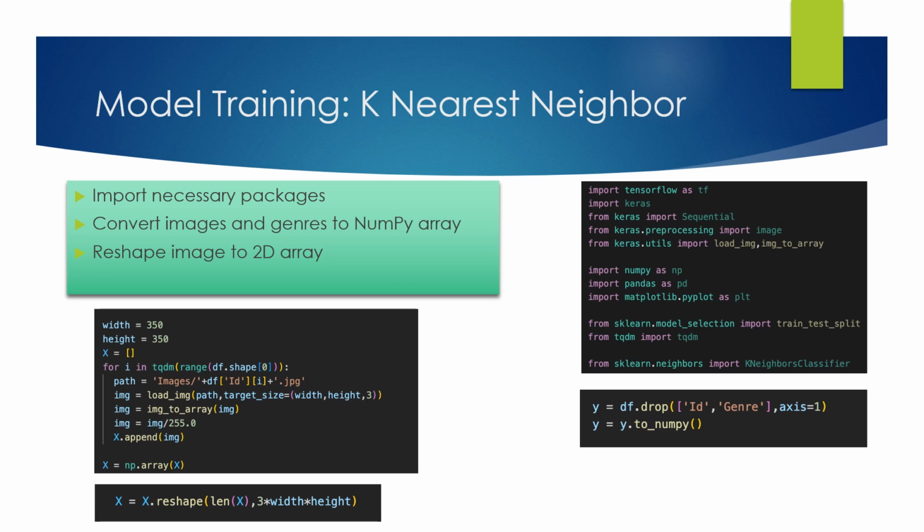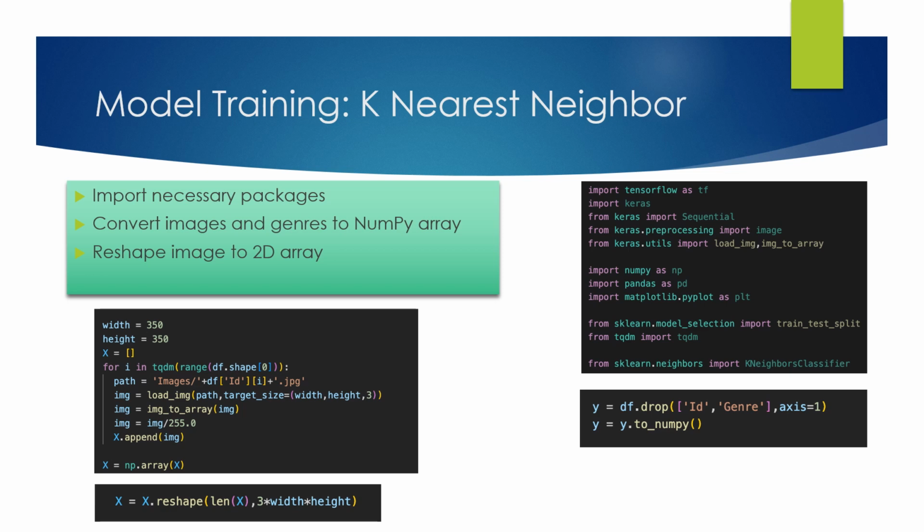Going to the second model that we have, which is the K nearest neighbor. The first thing that we're going to do, as the previous model did, is to import some necessary packages: TensorFlow, Keras preprocessing, utils, NumPy, Pandas, the train test split model, and especially we need to add the K-neighbors classifier from sklearn.